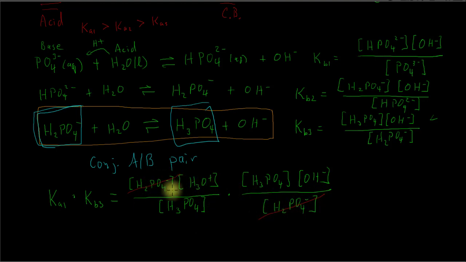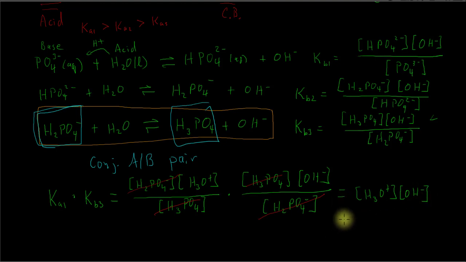So when we divide those out, they cancel. We get 1. And the same thing happens with the H3PO4 on both sides of these. And so what do we end up with? We end up with just the H3O+ times the OH- concentration.